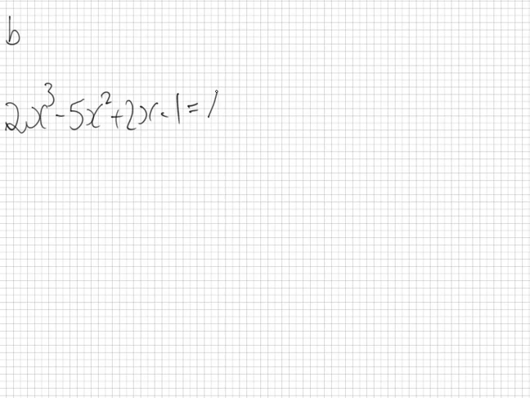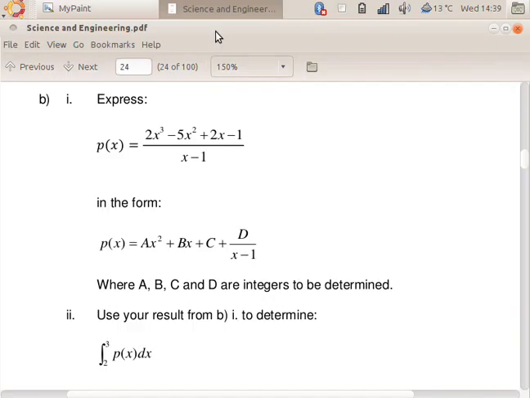Yep. But you see, this is the thing. I should probably say something about this. The techniques I showed you in class for the proper and the improper, you don't need them if they already tell you the form it's going to take, you know, the ABCD form. I know, though, from class that this is improper, which means if I didn't know the ABCD, what would I have to do?